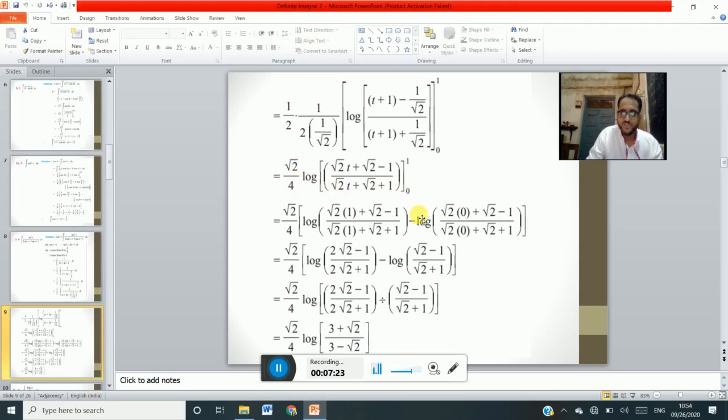But because this example is asked in definite integral, there is a limit from 0 to 1, so the example is the same up to this step, but only we have to put the limit in the final answer. This is the final answer of the indefinite integral, so here we have to put the limit, right? Otherwise all the examples of indefinite integrals are the same as definite integral, right?